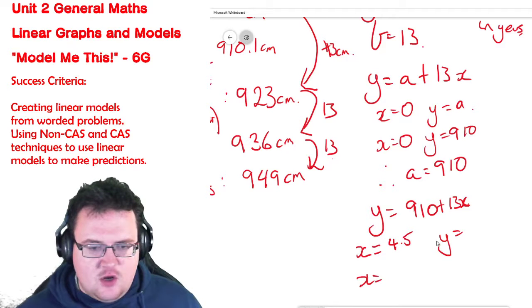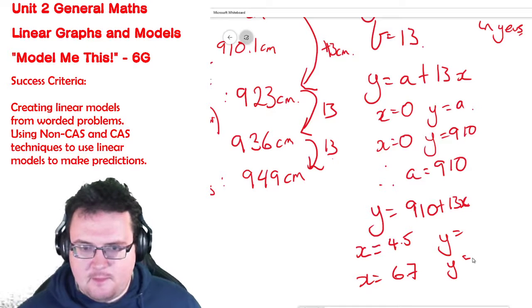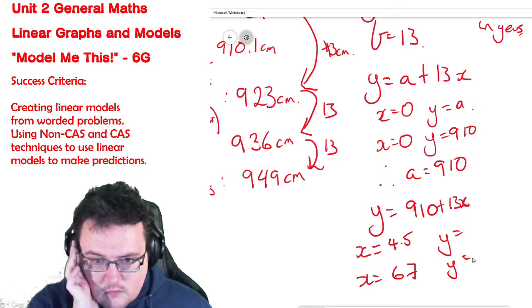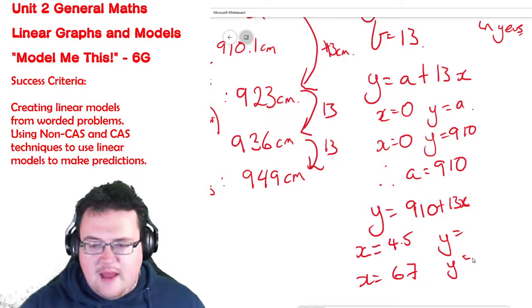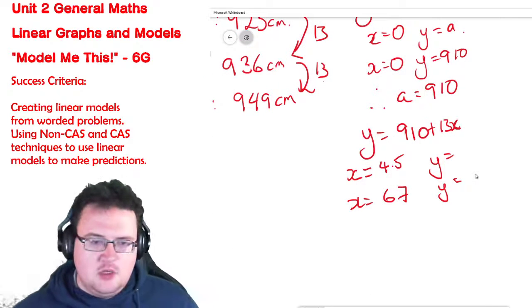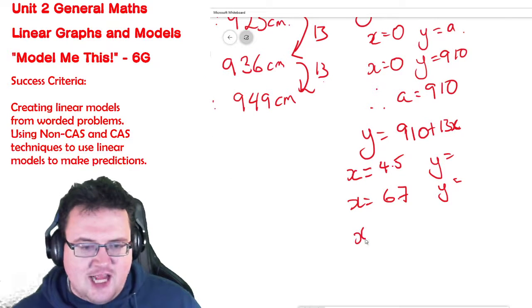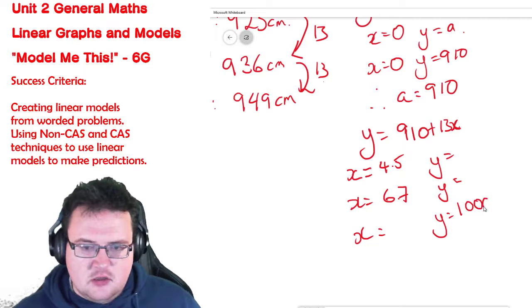When x equals 6.7, what is y? And then I've got a challenge for you all. What is x when y equals 1,000?